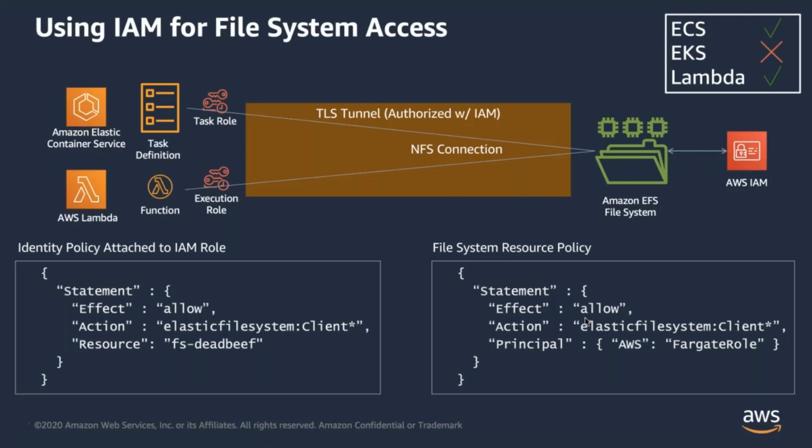And there's two ways that you can configure IAM policies to manage this access. First is you can attach an identity policy to the role itself that gives it a particular permission on a particular resource, like the file system that it's connecting to. The other way that you can do it is you can attach a policy to the file system, so that's called a resource policy, and you can define the policy in terms of which actions can be performed by which roles.